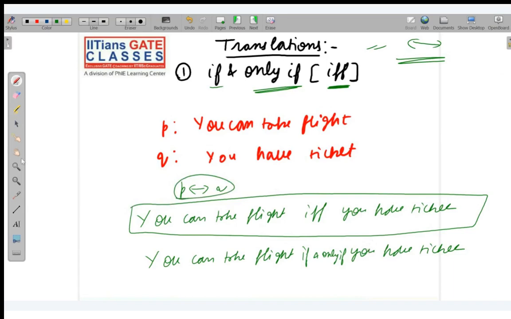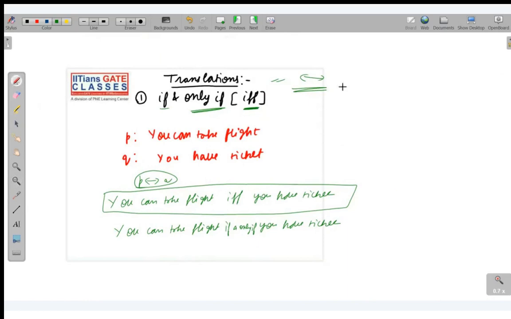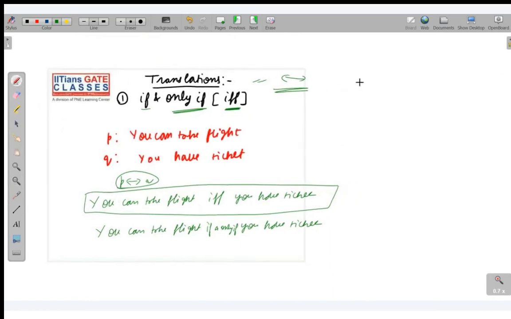And if you want me to prove why if and only if is double implication, let me show you something. Let me say P if Q and P only if Q. So directly, indirectly, what does this mean?